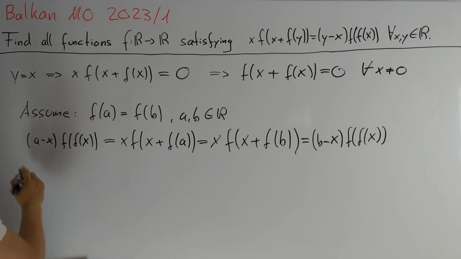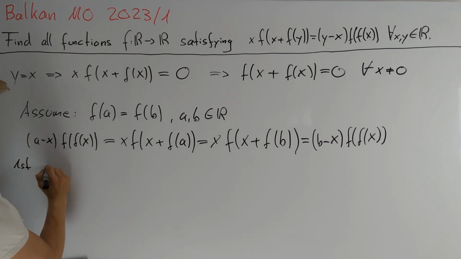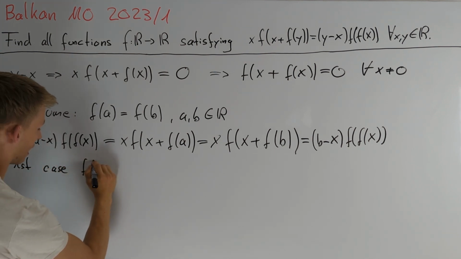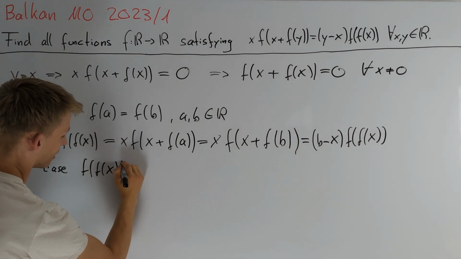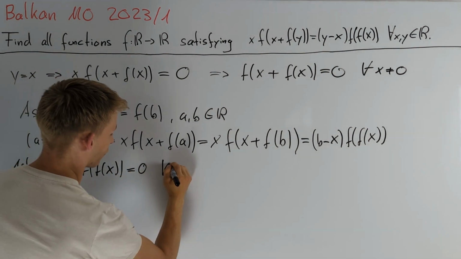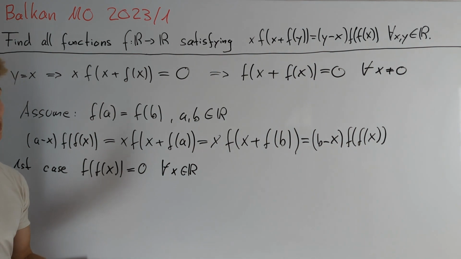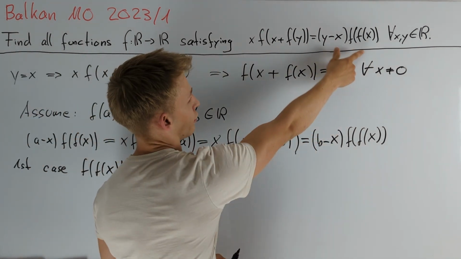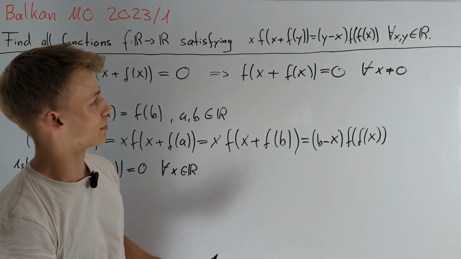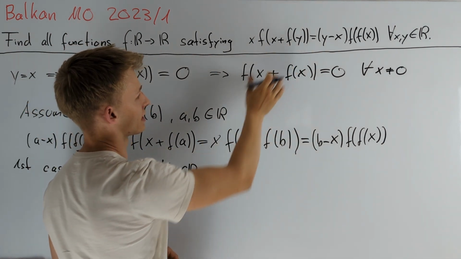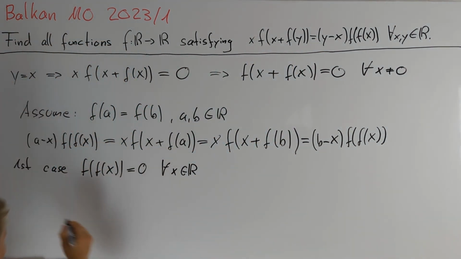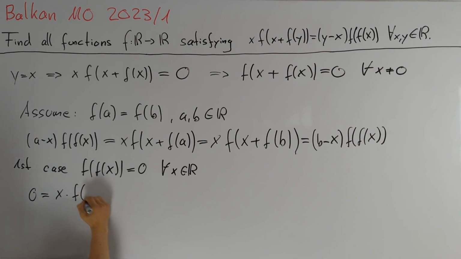So at first, let's consider the case that f of x is equal to 0 for all real numbers x. This immediately implies that the right hand side of our functional equation is always equal to 0, and therefore our left hand side is also always equal to 0. So we get that 0 is equal to x times f of x plus f of y.